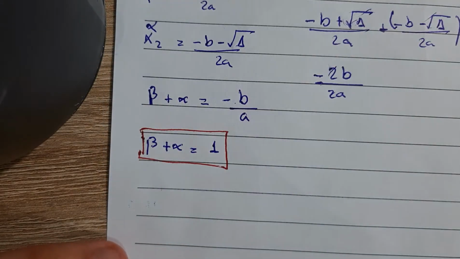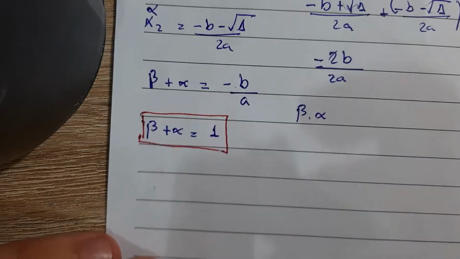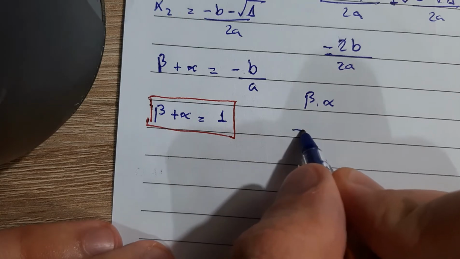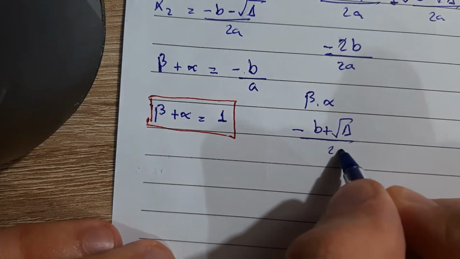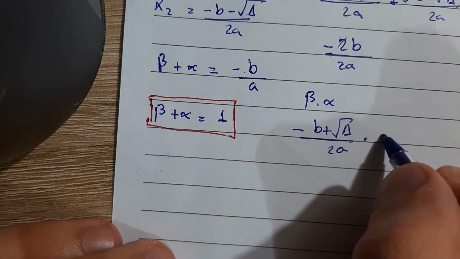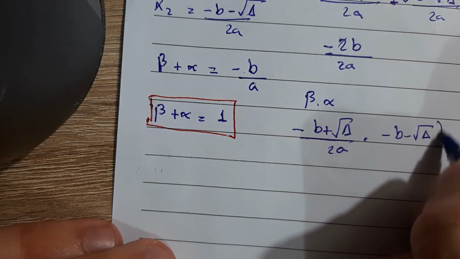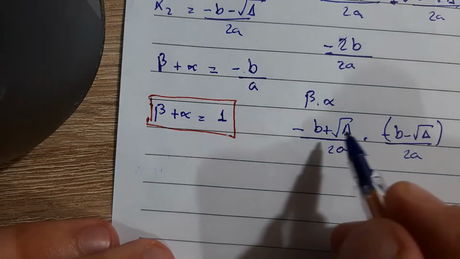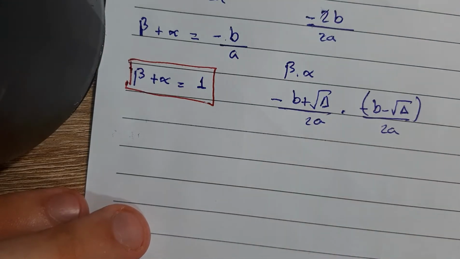Now what else can we do? Well, we can find beta versus alpha, right? Remembering that beta was minus b plus square root of theta over 2a, versus, now we are multiplying, minus b minus theta, okay, divided by 2a. So what will you find when you multiply this?